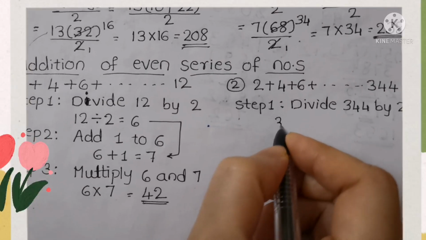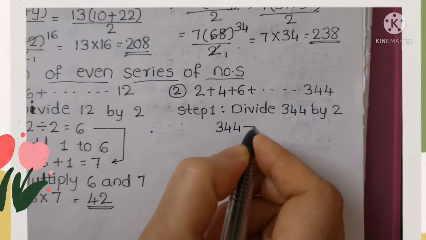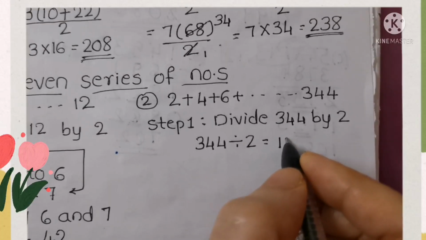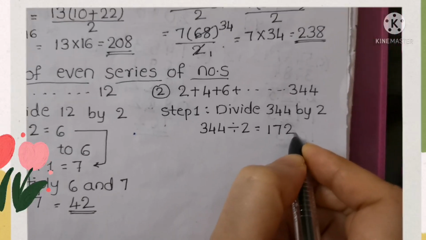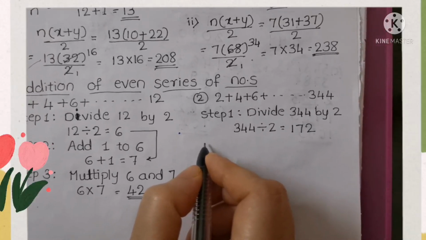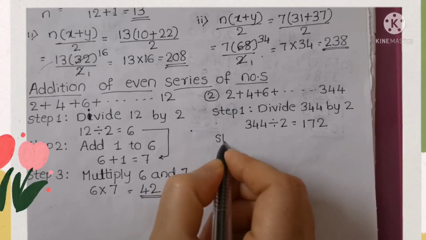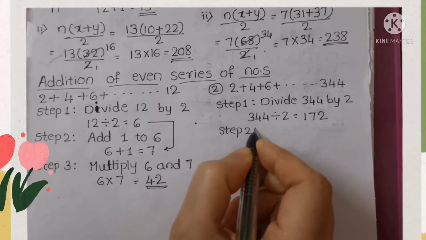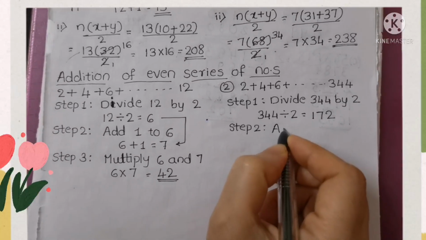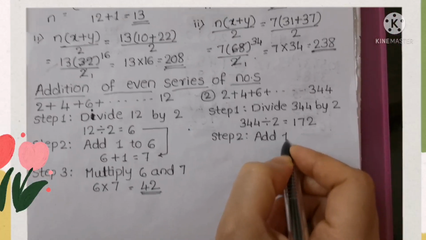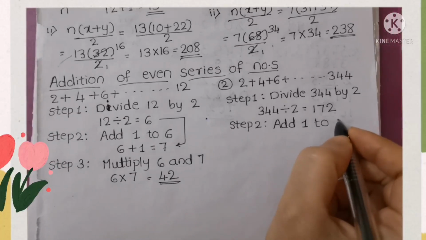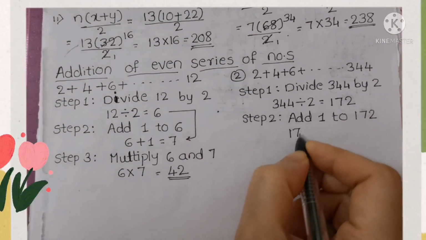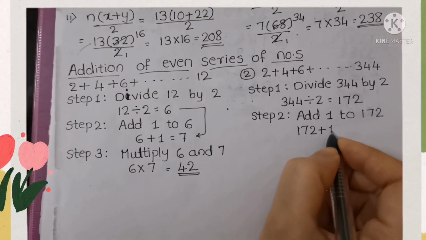Dividing 344 by 2, we get the answer as 172. Let's move on to step 2. In step 2, we have to add 1 to 172, which is the step 1 answer. So adding 1 to 172, we get the answer as 173.